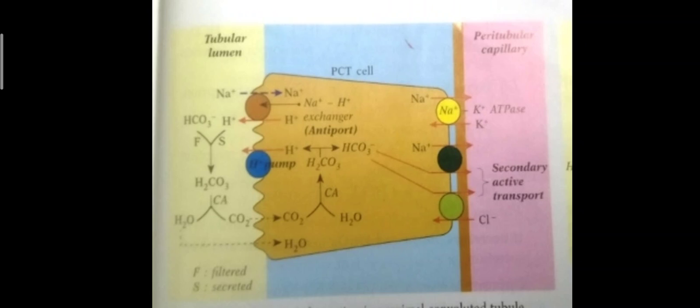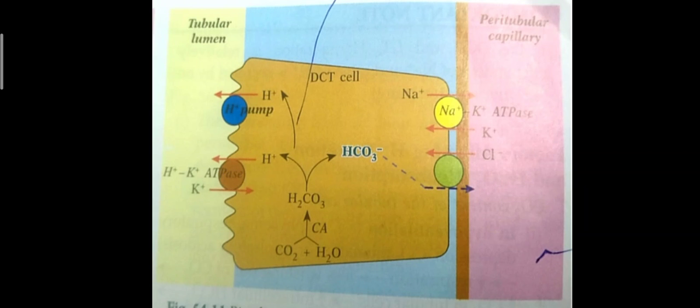The carbon dioxide formed in the lumen from secreted H plus returns to the tubular cell to form another H plus, and therefore no net H plus secretion occurs. And in the DCT cell, there is a hydrogen pump and hydrogen potassium ATPase pump in the apical membrane, and here also no HCO3 is formed, and that is reabsorbed into the peritubular capillary.